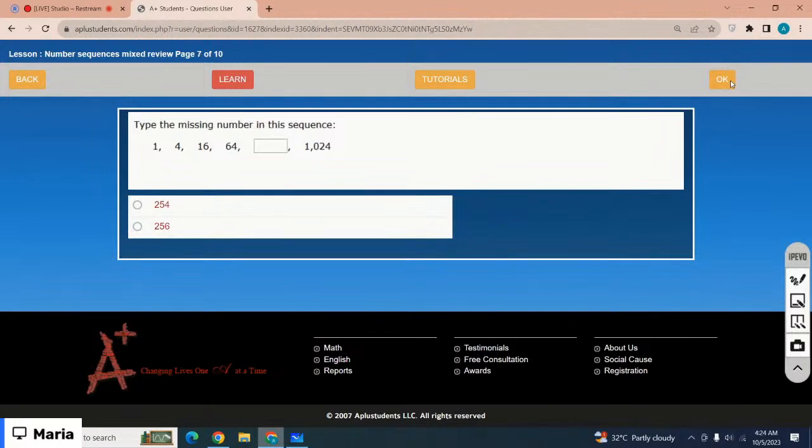Okay, type the missing number in the sequence. So which is the correct option? That is a geometric sequence. The numbers are the multiples of 4. So which number is missing?